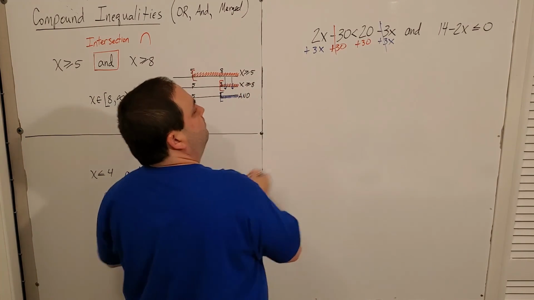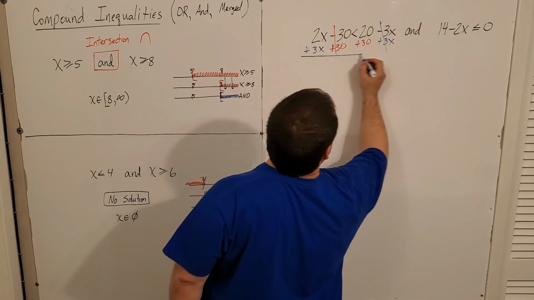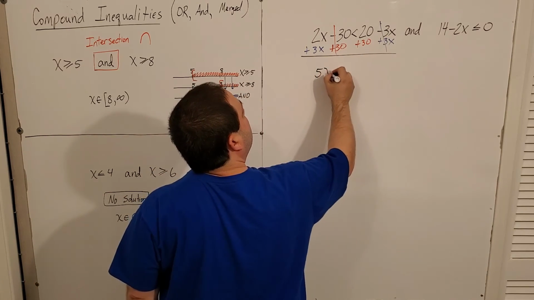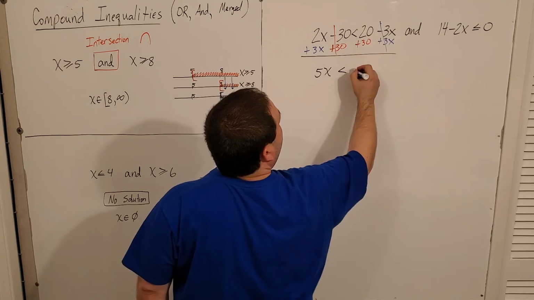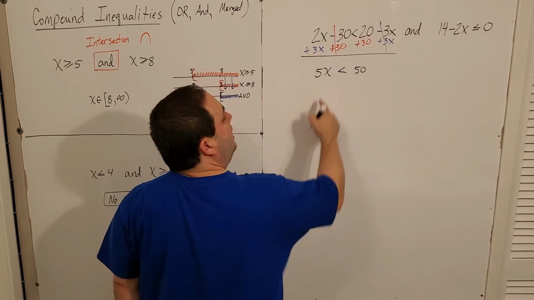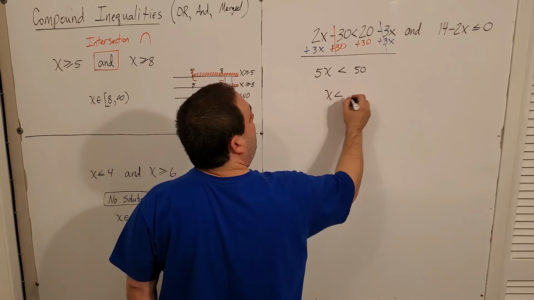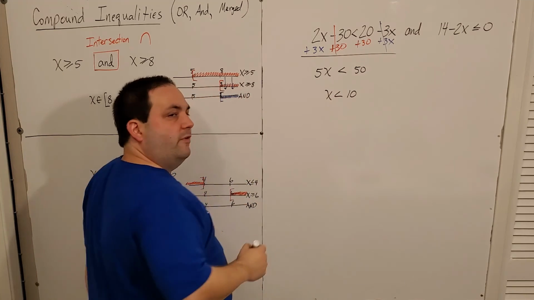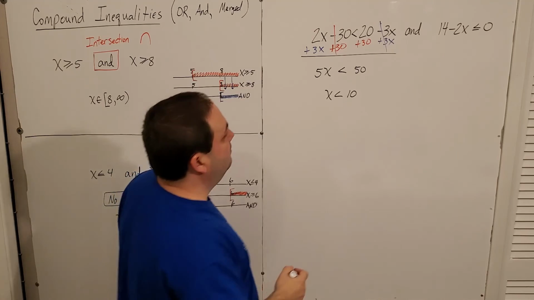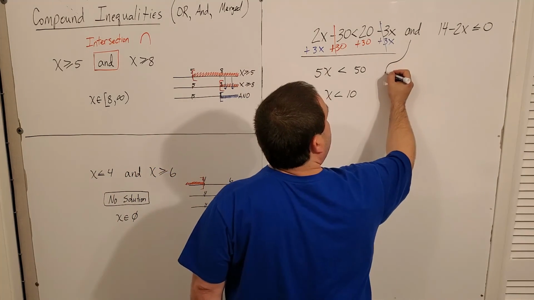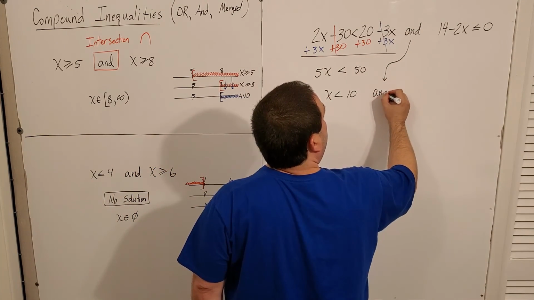So let's see, I've got 5x is less than 50 now. And I'm going to divide both sides by 5. 5 is a positive number, so it doesn't reverse the inequality. We're all good. And "and" is still here sneaking around. There he is.